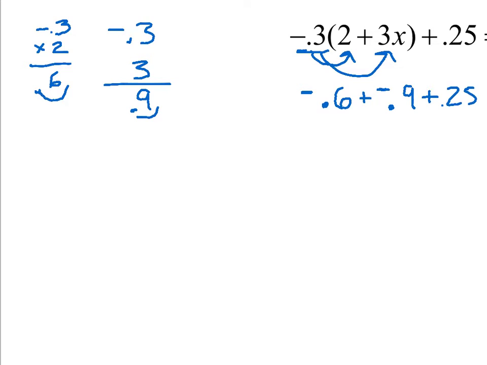I got my negative on there. Negative 0.9x. Don't forget that x. All right. Kip yes or Kip no. Is this simplified? Thank you for the Kip yes or Kip no. Is this simplified? No, it is not. Maureen, what do we need to do to finish simplifying this?